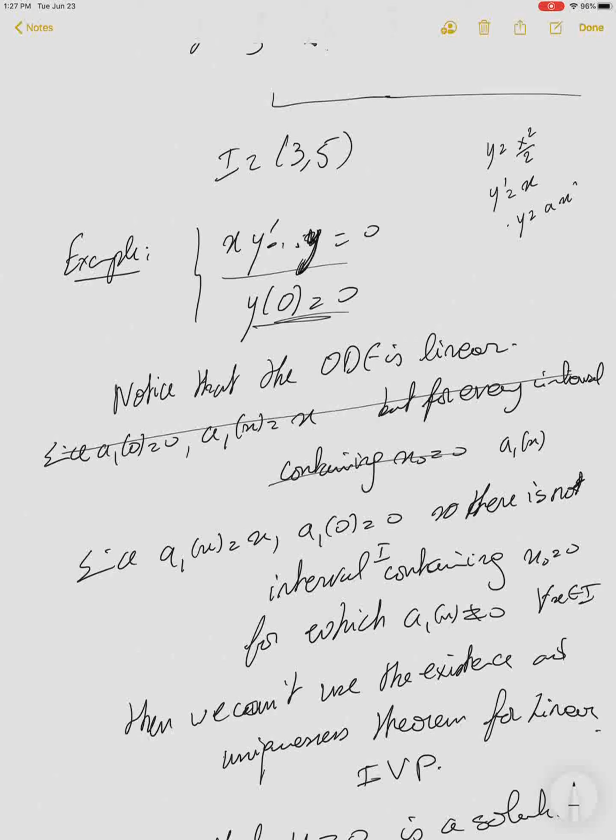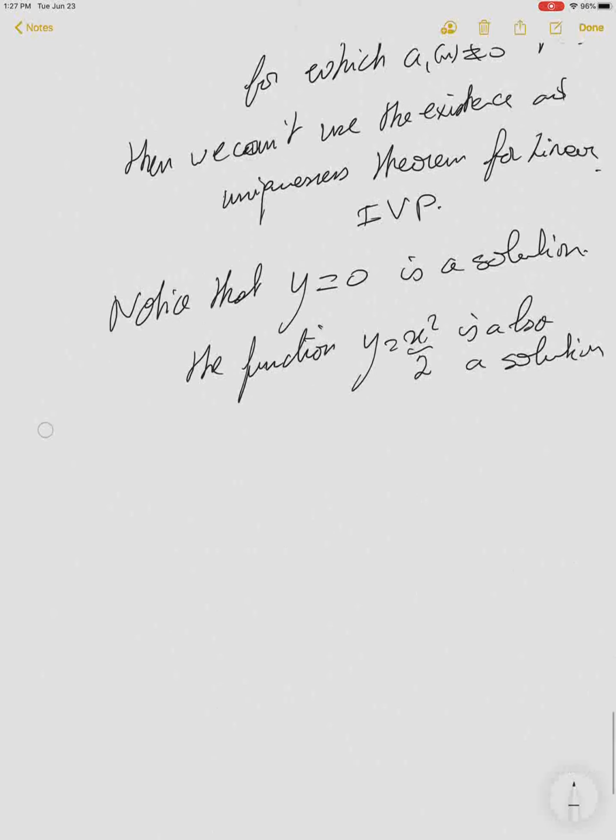So let's take y equal ax squared, y prime equal 2ax. Okay, so let's put 2 here. If you put y equal x squared, y prime equal to x, yes, so y equal x squared is a solution. Sorry about that.